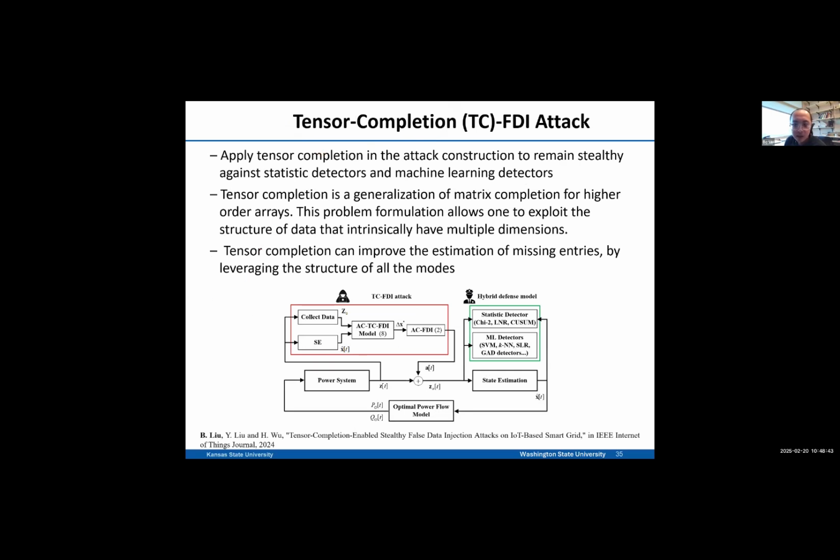This tensor completion can allow one to explore the structure of the data that have multiple dimensions. It can use the structure of all modes to improve the imputation of the missing entries. And we know that matrix completion is just a special case of tensor completion.